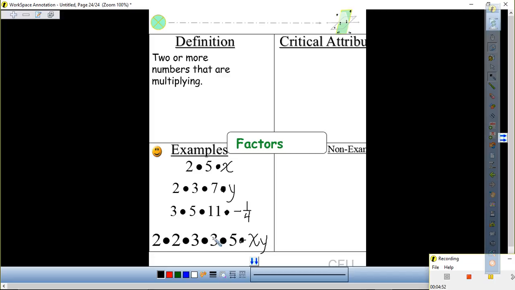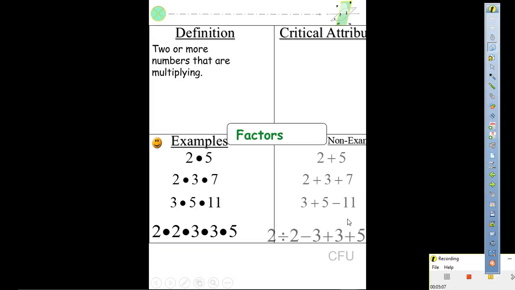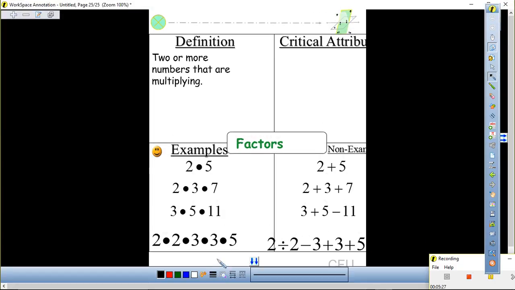We good? Non-examples. As you're writing the non-examples, you already should know why these are not factors, right? Tell your neighbor, please, why are those not factors? All right, as you're writing that down, start writing a couple of hashtags here for clarification of factors.